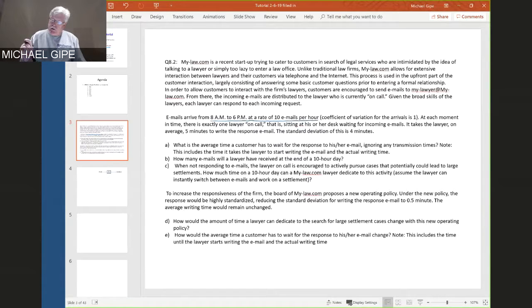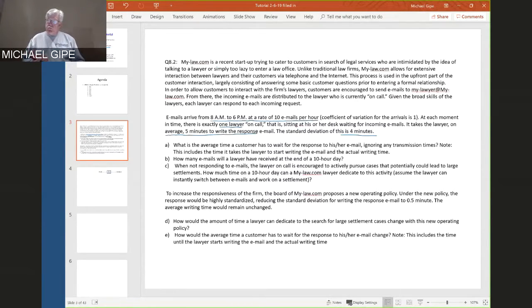Notice that it's 10 hours. We have 10 emails per hour, so we have an average of 100 emails a day. At each moment in time, there's exactly one lawyer on call, so we have one resource to handle these requests, the demand. It takes a lawyer, on average, 5 minutes to write the response, and the standard deviation of this is 4 minutes.